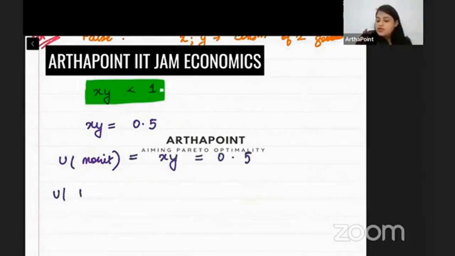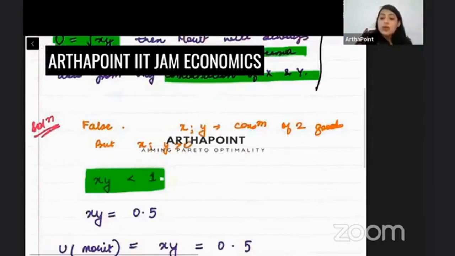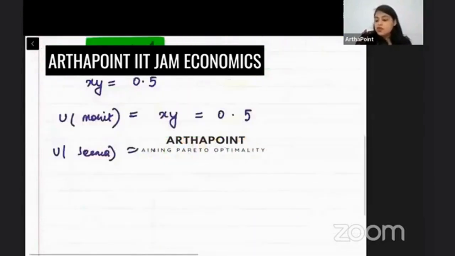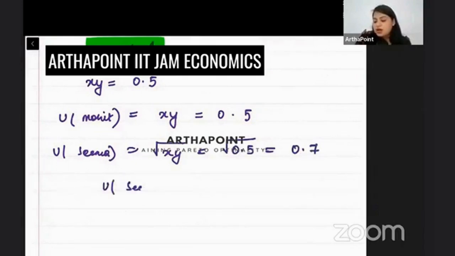What will be the utility of Seema? Seema will get the utility root xy, right? So root of 0.5, and root of 0.5 is 0.7. So in this case, utility of Seema is more than utility of Mohit.